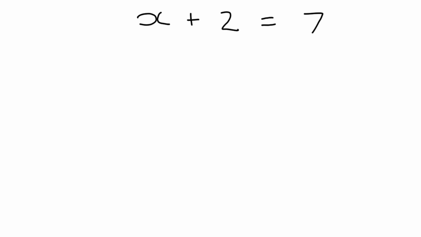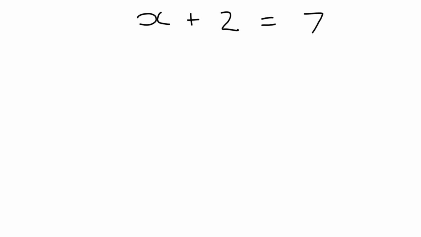Now, how do we figure out what x could be in this case? We have to show our work in a certain way. But once you understand the rules, it's not that difficult. The first thing you have to keep in mind is this equal sign is very important. So the equal sign kind of divides the equation in half.